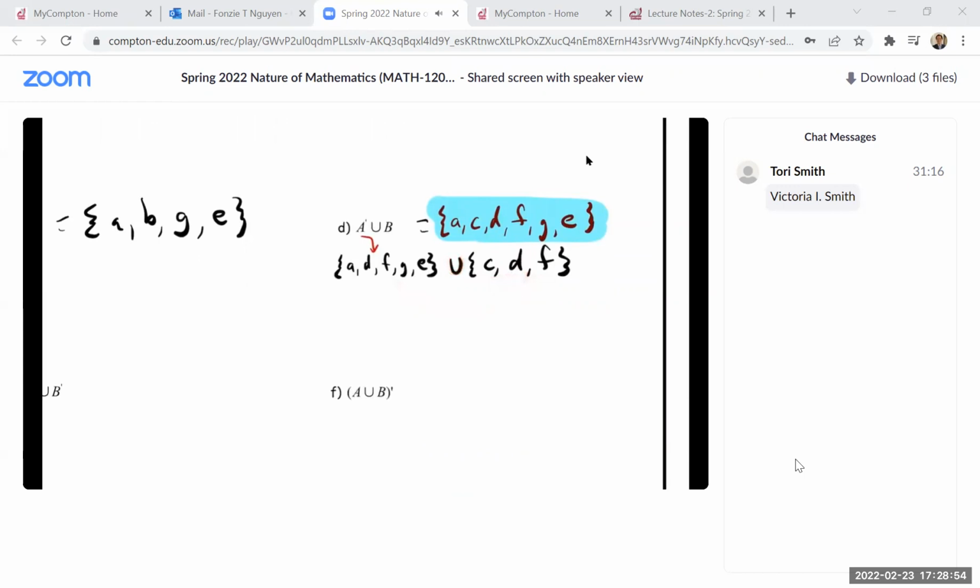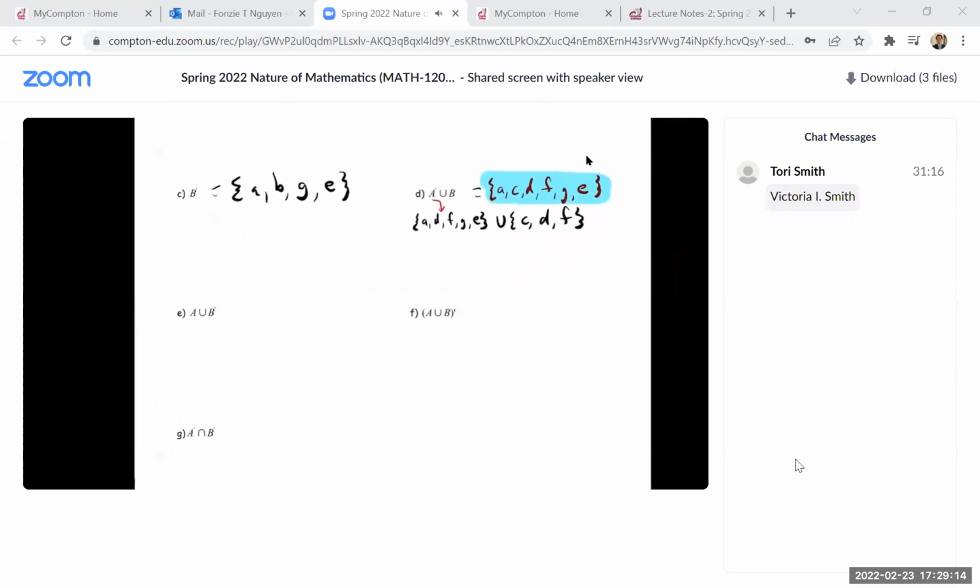That means you just bring them all together into one big set without repeats. So we combined this one with this one and took out the doubles. F only one time, D only one time, and we added the C. So A, C, D, F, G, E.